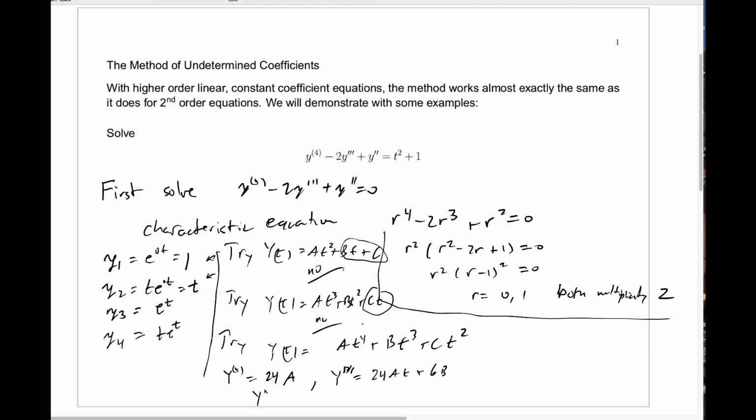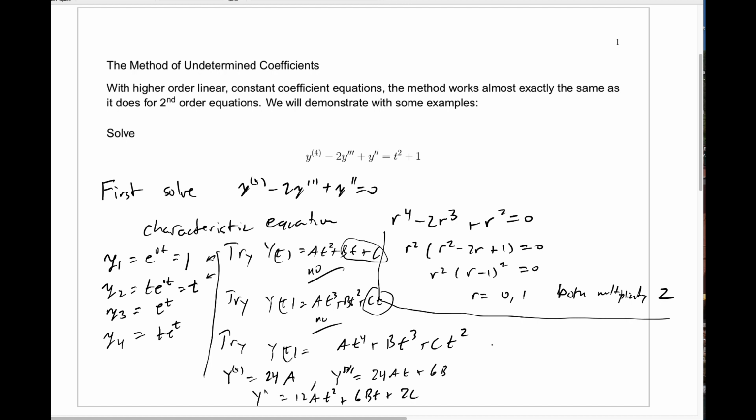Y double prime, computing twice, we'll get 12at squared plus 6bt plus 2c.